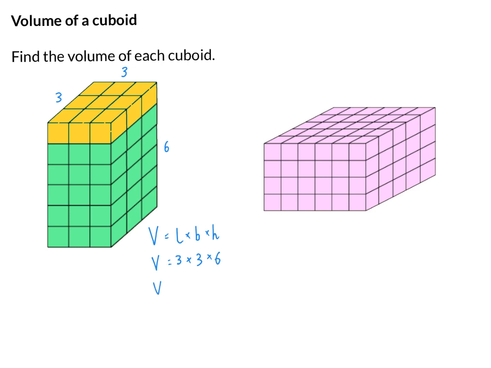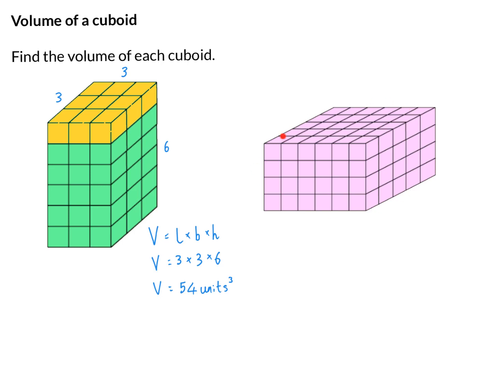Now, the order we multiply things in here doesn't matter, so I can choose to do 3 times 3, then multiply by 6. I could do 6 times 3, then multiply that result by 3. If we go left to right, 3 3s are 9, 9 times 6 still gives us the 54 we had originally. So that's going to give us 54 cubic units.